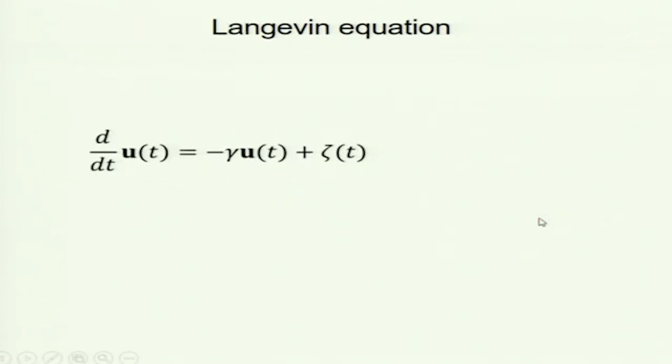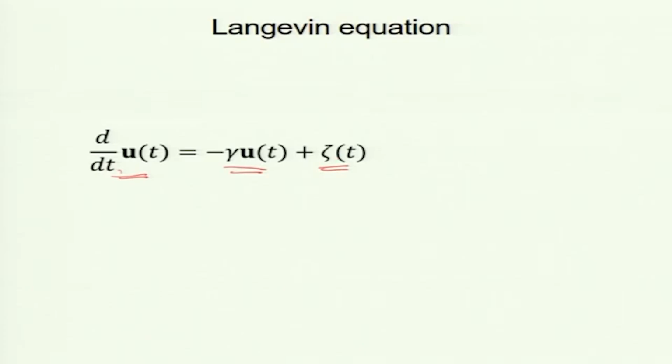This simple equation, first proposed by Langevin, models this particle motion quite well. This part is the acceleration proportional to the viscous drag, and this zeta is a random kick, a random force whose average is 0.